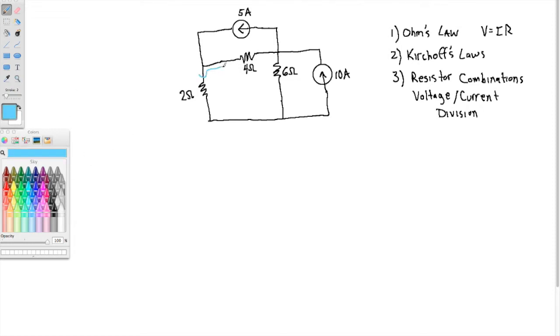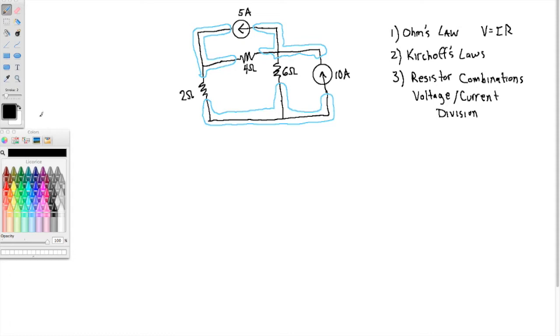Okay, and so if we identify the nodes, here's 1, here's 2, here's 3. Notice that there are no parallel resistors there. A resistor is in parallel with another resistor when they are connected to the same 2 nodes.